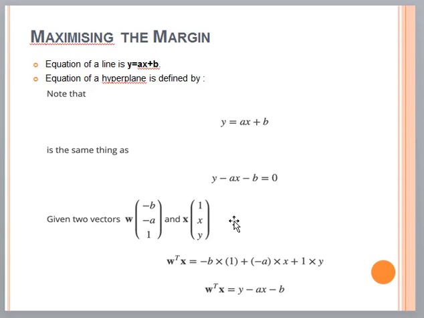For these two vectors w and x, the w transpose of x can be written as minus b into 1, plus minus a into x, plus 1 into y. So my w transpose of x comes out to be y minus ax minus b, and you will note that this y minus ax is similar to the equation here.